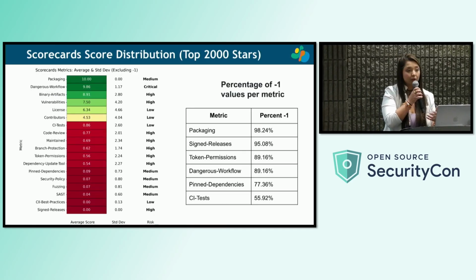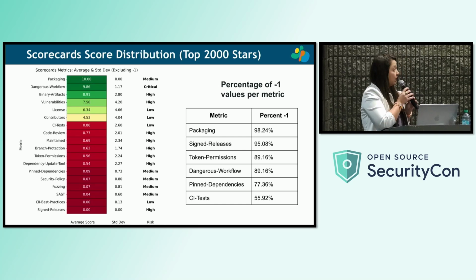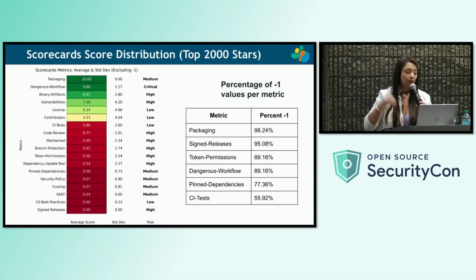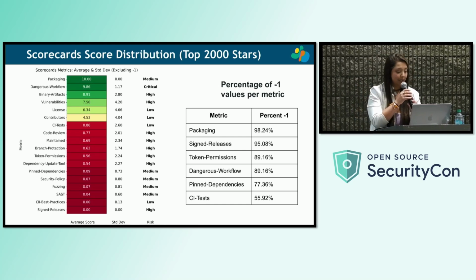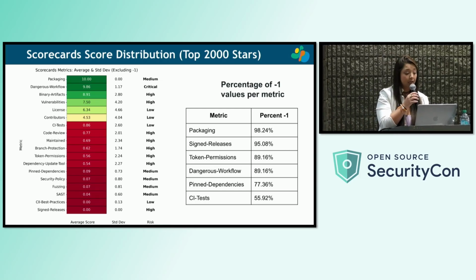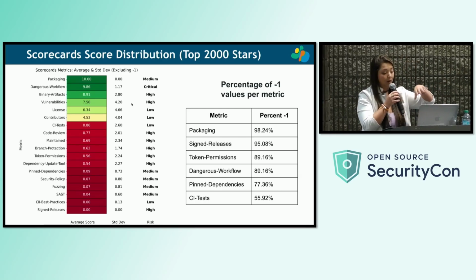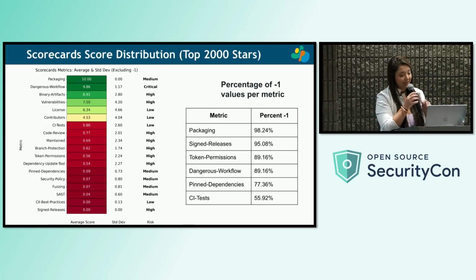So if we take a closer look at the actual metrics, we can see some of the averages from the Scorecards metrics. And we can see that most of them actually have a very, very bad mean. And then some of the top ones have another problem, which is that a lot of the projects do not have a metric computed.